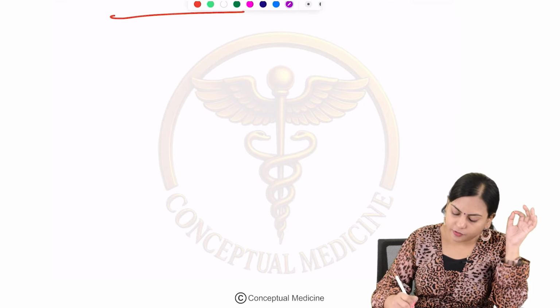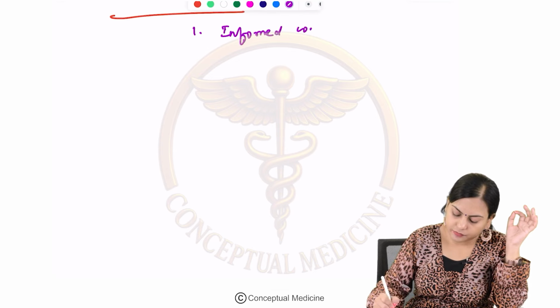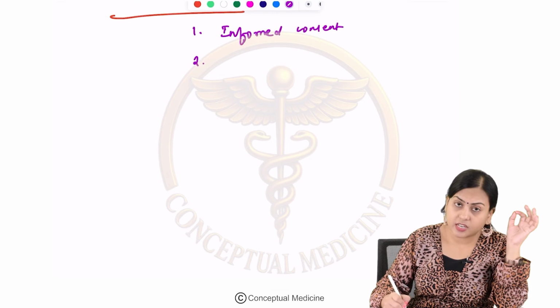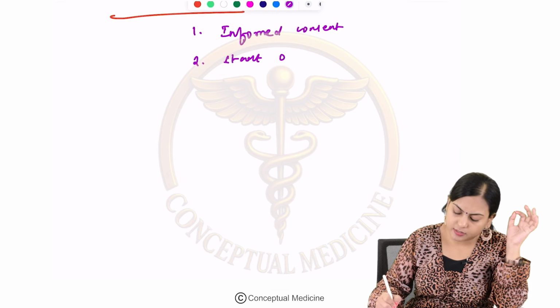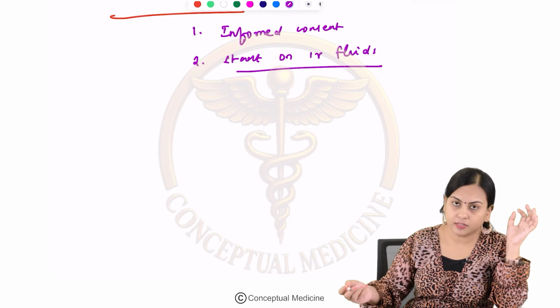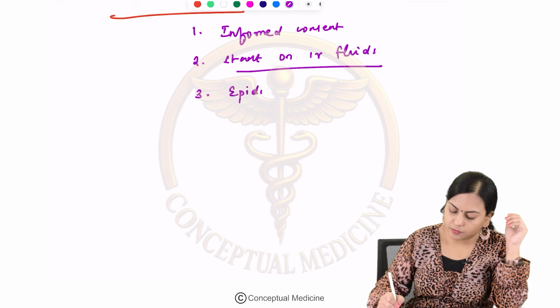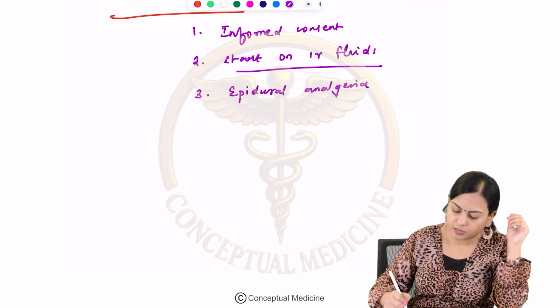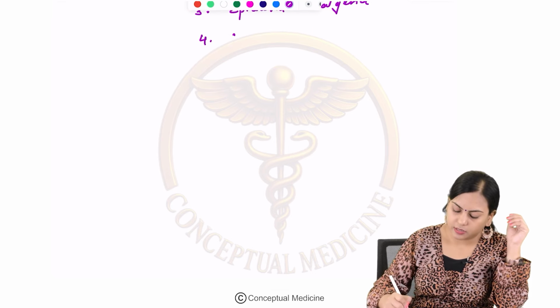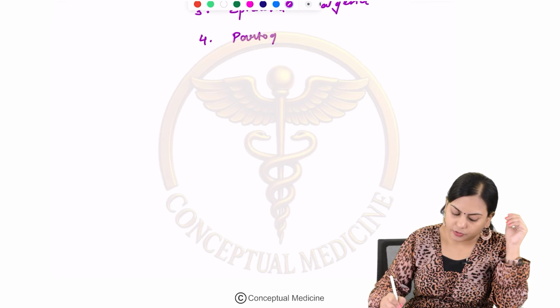So, how to conduct it? You should get an informed consent. You should start the mother on IV fluids. So, with this we will be securing the IV line, right? Then you have to make sure if the mother needs epidural analgesia. Then definitely you should maintain a partogram. Even oxytocin augmentation can be considered.